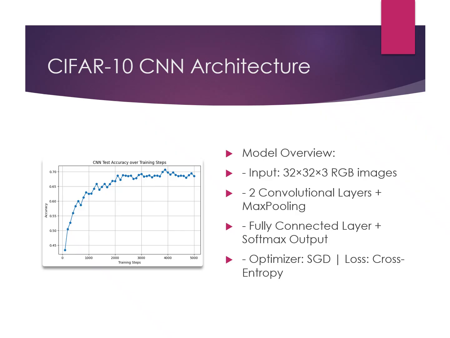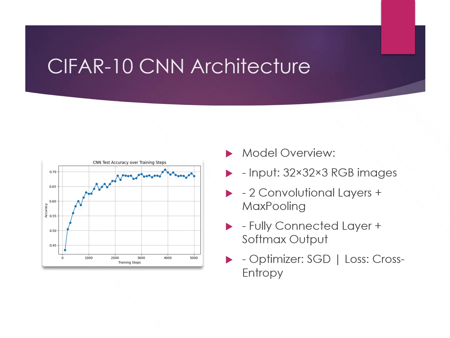In the performance graph on the left, you can see the CNN test accuracy over training steps. Let's take a moment to interpret the graph shown here. The x-axis represents training steps from 0 to 5,000, and the y-axis shows test accuracy ranging from 0.40 to 0.70.